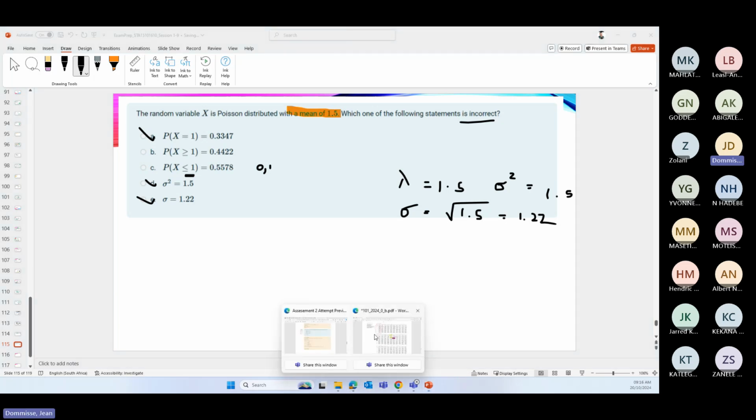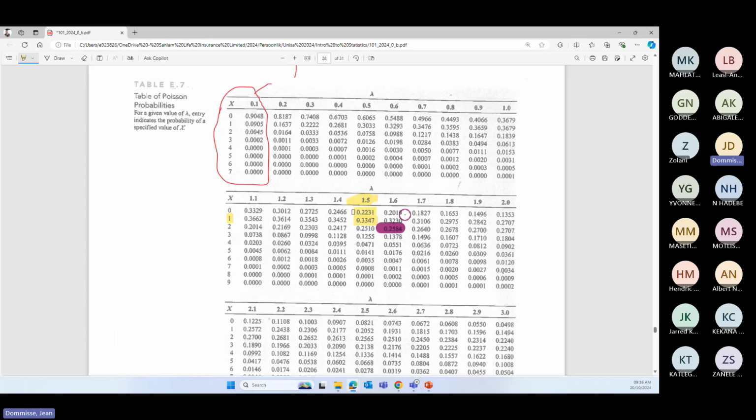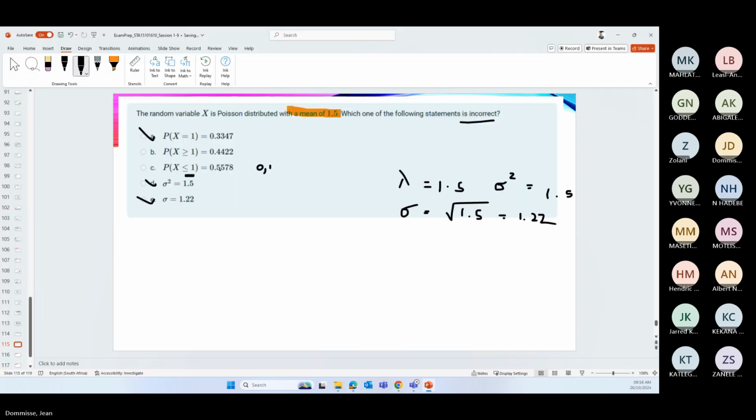That's 0.2231 plus 0.3347, so that is 0.5578. That is also correct.